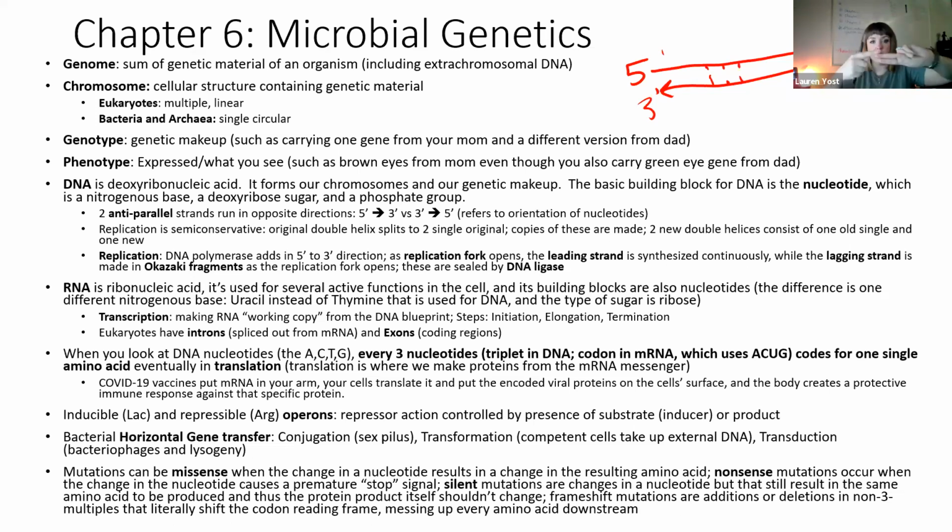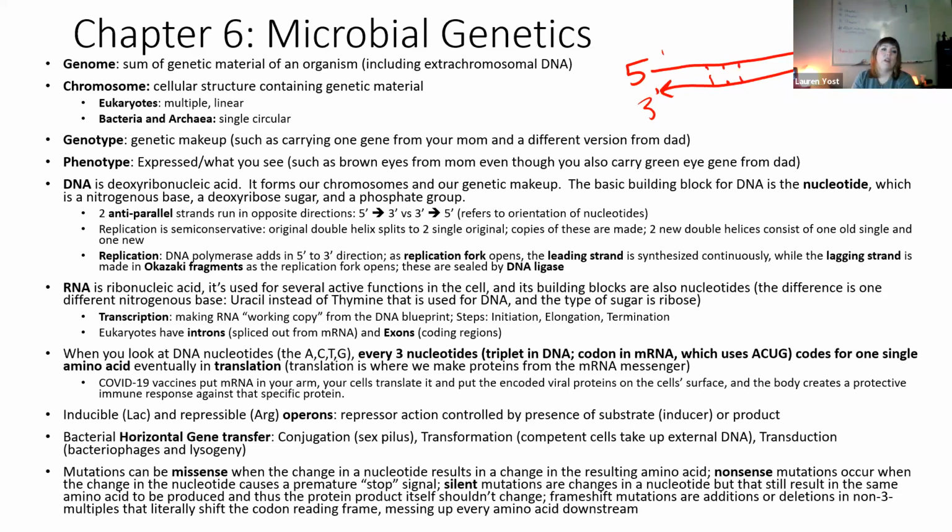So we have one original and one original and one new and one new. Semi-conservative, they each have an old and they each have a new. That's what that means. That's how replication is going to occur whenever we are making copies of DNA, typically making new cells.